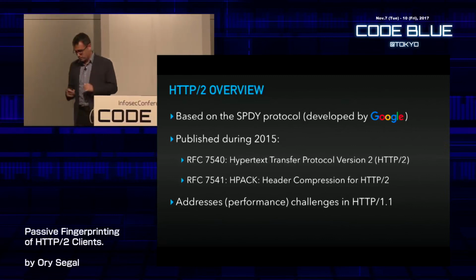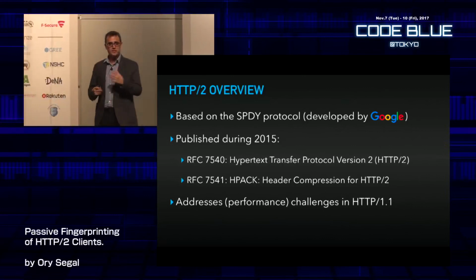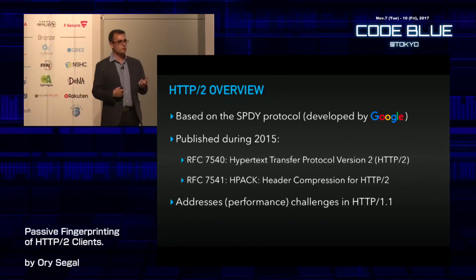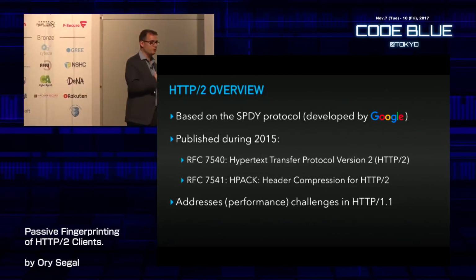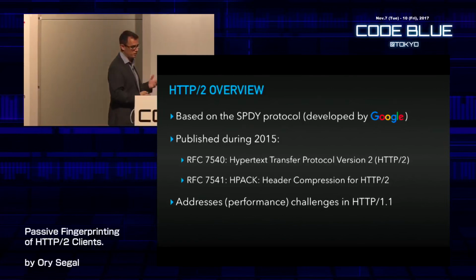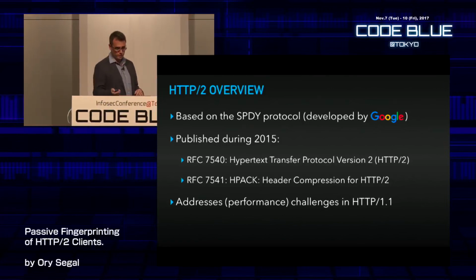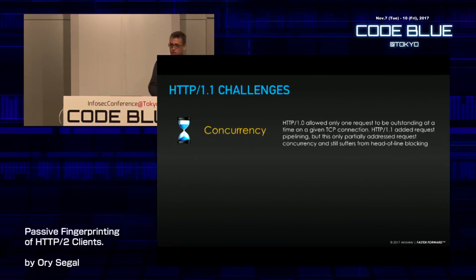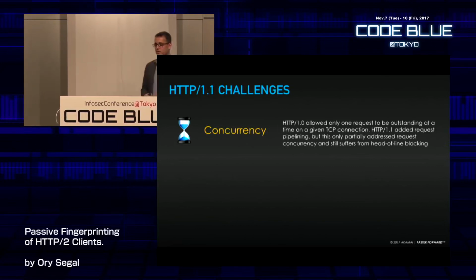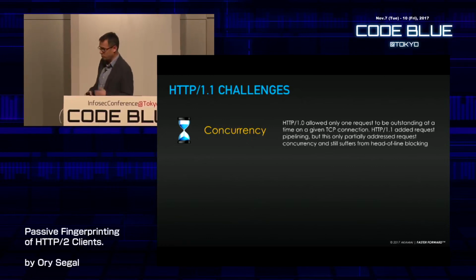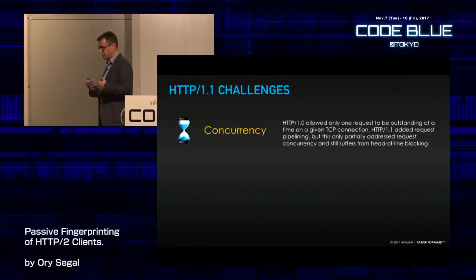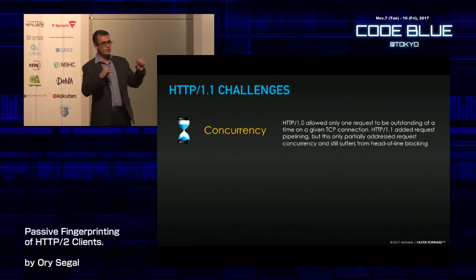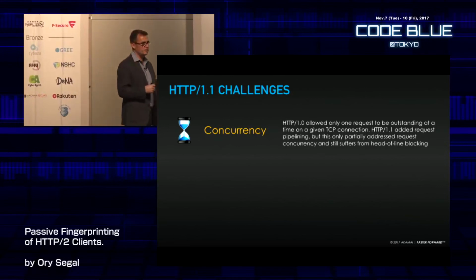I think the most important purpose of HTTP/2, or the reason it came into being, was to improve performance. There are a lot of performance issues inherent to HTTP/1.1 and 1.0, and we're going to talk about them now. HTTP/1.1 didn't really handle concurrency very well. If you open a browser and go into a page that is loading a lot of different images and scripts, at some point you see that the page is stuck.